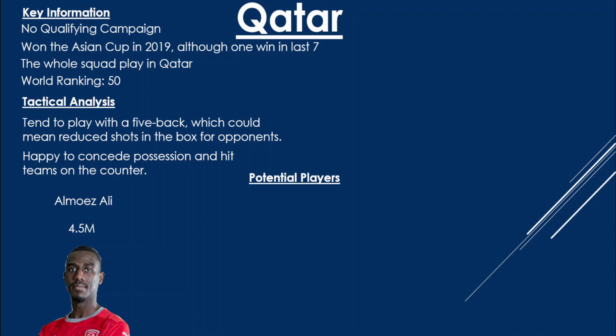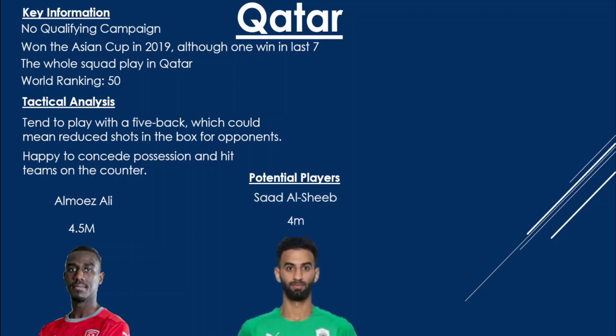So he has got that proven record. It's just whether Qatar are going to create enough chances for him to capitalise on. But if anyone is going to score for them, it is likely to be this guy. And at 4.5 million, not too bad for a bench player, rotation player, to enable you to get more expensive players in.